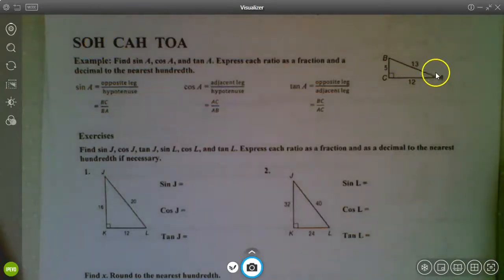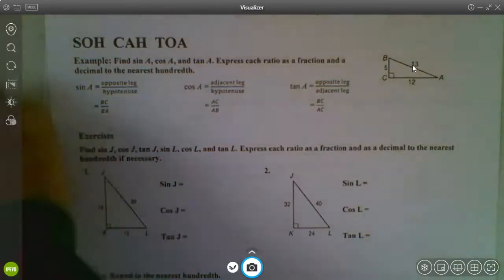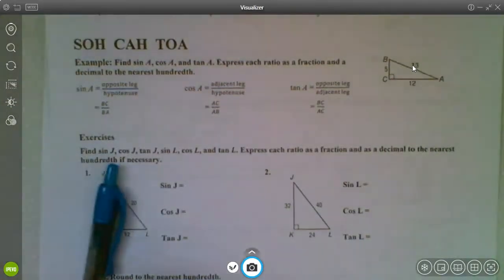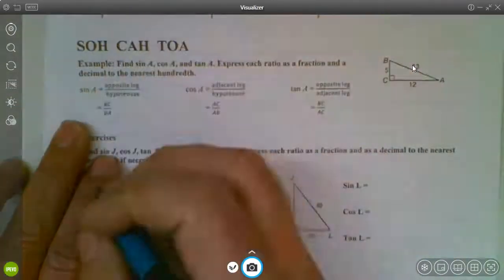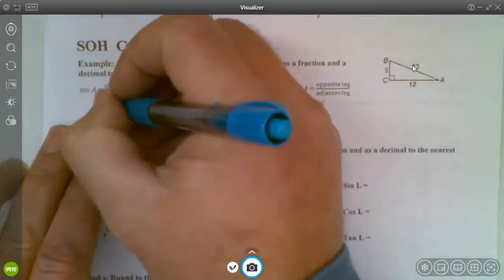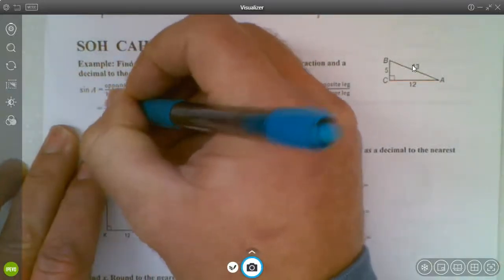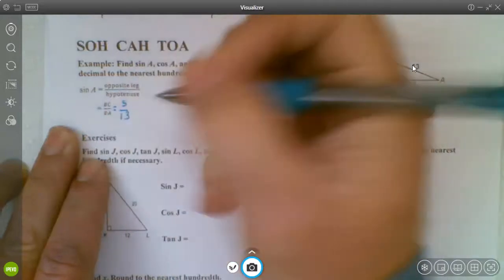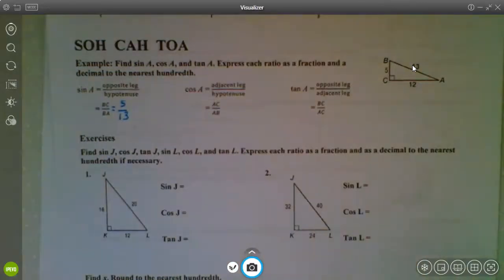From angle A, the opposite leg would be 5, and the hypotenuse is 13. So the sine ratio from angle A, we would write as 5 over 13. That is our sine ratio for angle A.